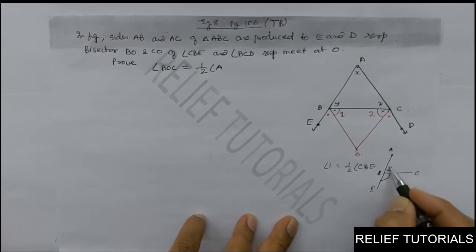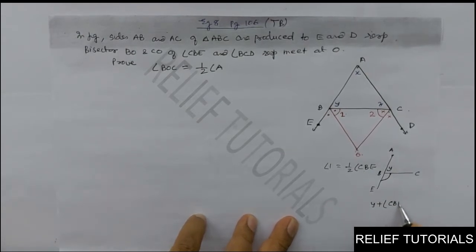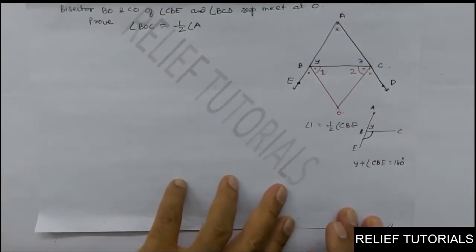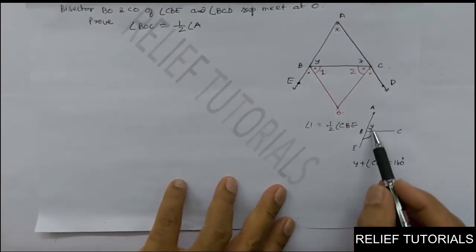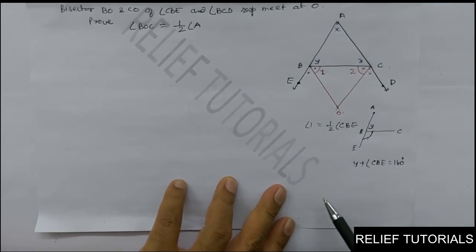And this is Y. So what about this Y and CBE? They are linear. So I can say Y plus angle CBE is equal to 180 degrees. Any doubt, friends? Y plus CBE is equal to 180 degrees or not? So angle CBE is equal to 180 minus Y. Any doubt in this?